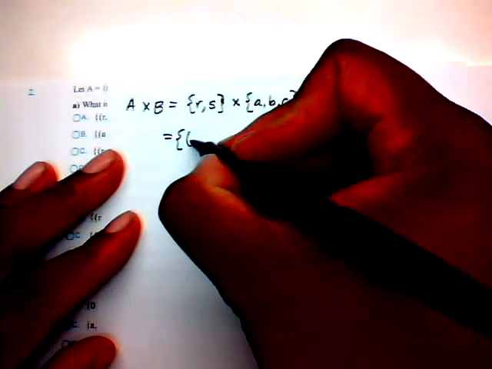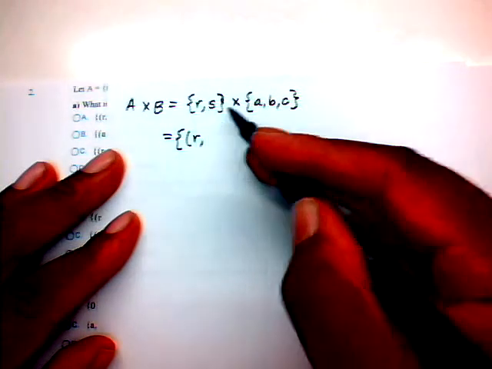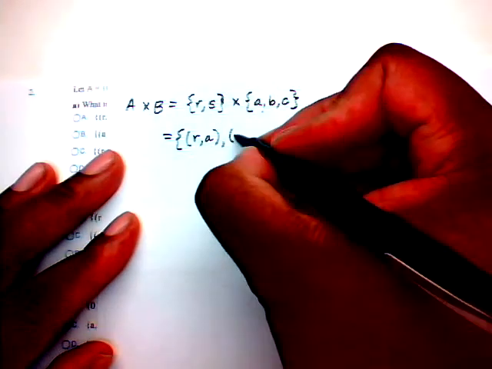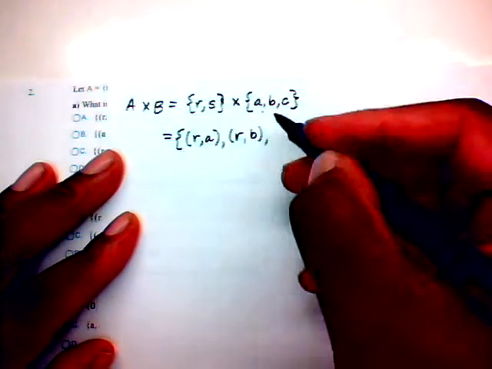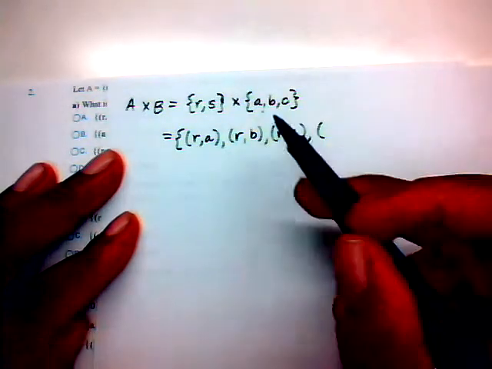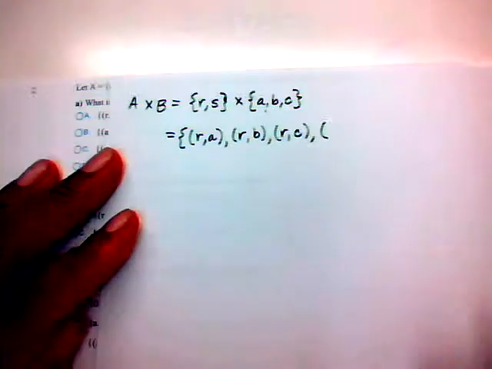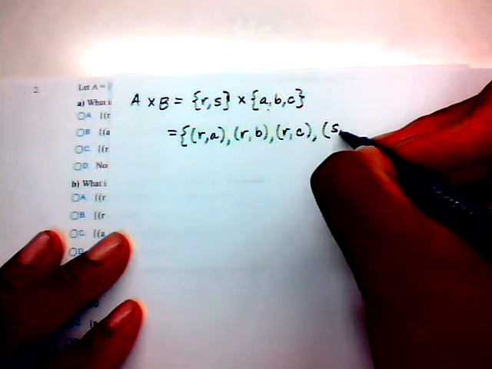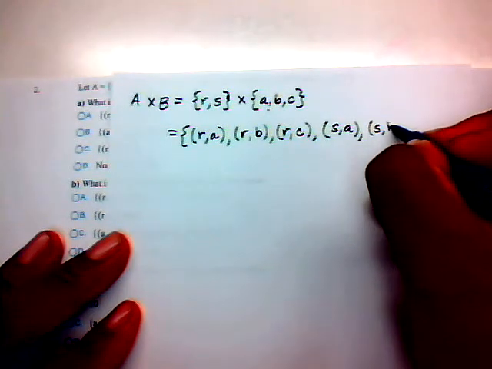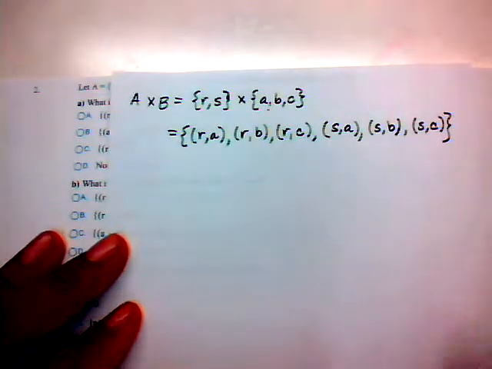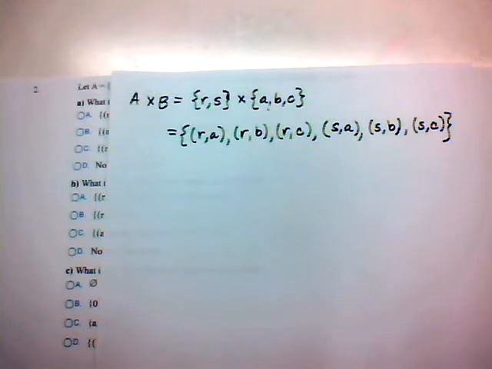In other words, the first element of the first set is R. It's going to be paired with A. So we have R, comma A. And then the next ordered pair will be R, comma B. The next ordered pair will be R, comma C. And then S will be paired with each and every element in that set. So in this case here, S is going to be paired with A. S is paired with B. And then S is paired with C. Okay, so this will be the Cartesian product of A and B, or we can say A cross B.